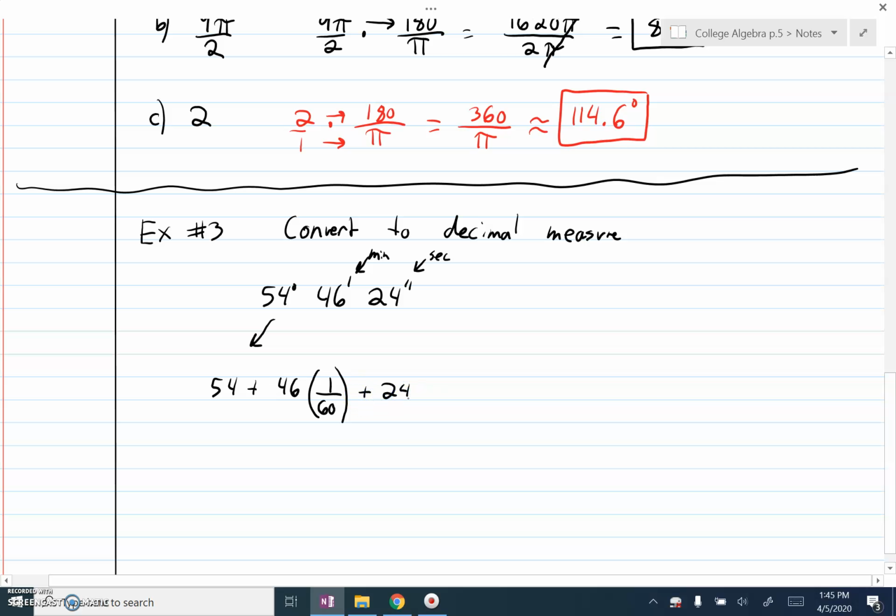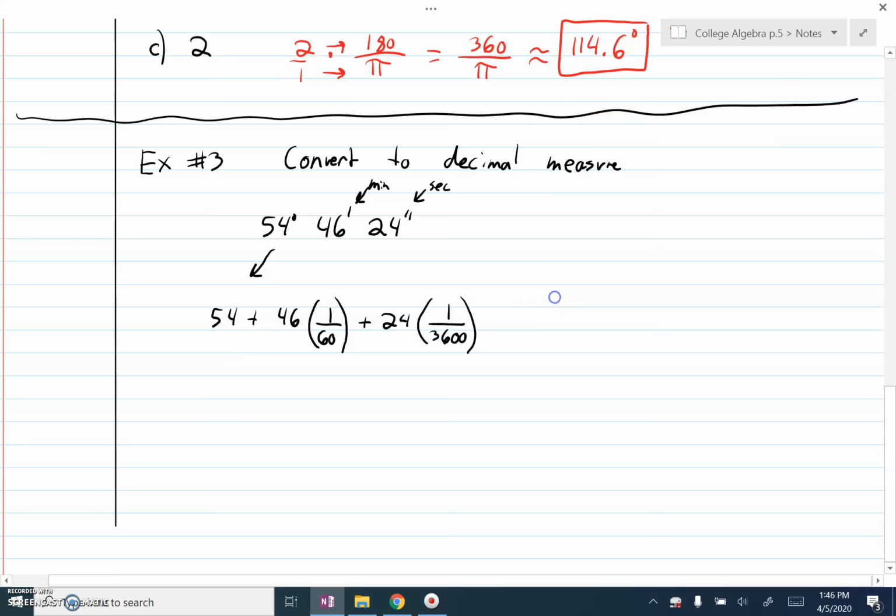If minutes is like the hours, seconds would be 1/3600. So 24 seconds would be that many of the whole, and that's the total amount. Then you just multiply those out and add together, and you end up in this case with about 54.77.